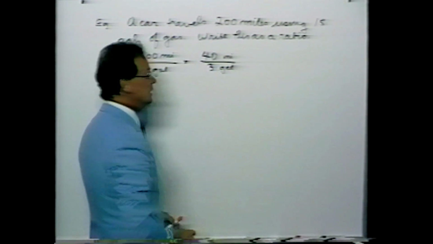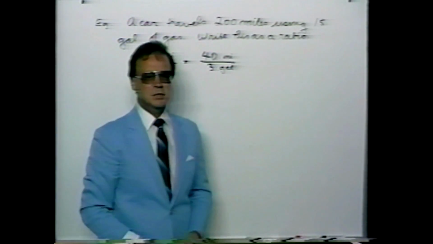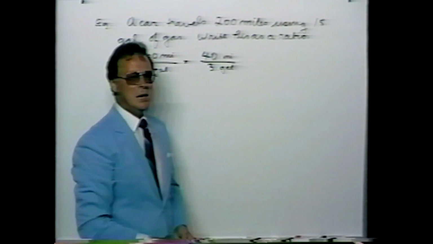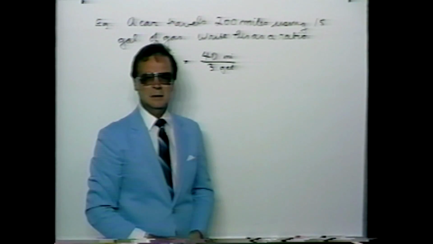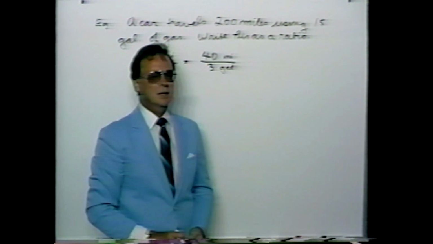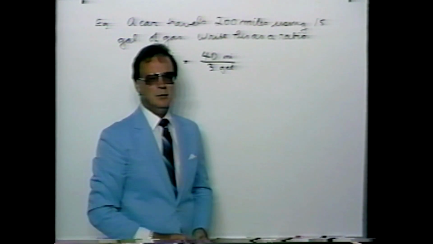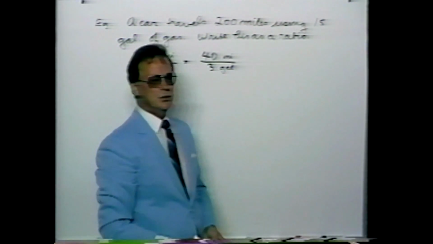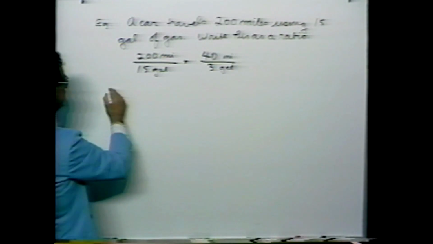Here, of course, because the units of measurement are not of the same type, you could not write the ratio in absolute units. If a ratio is used to increase a measurement, then the numerator of the ratio must be larger than the denominator.